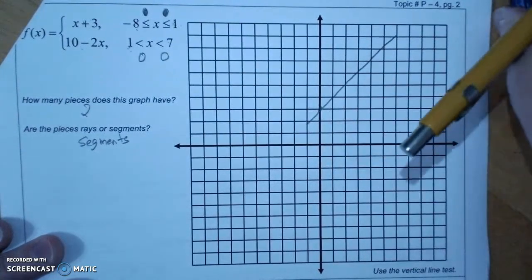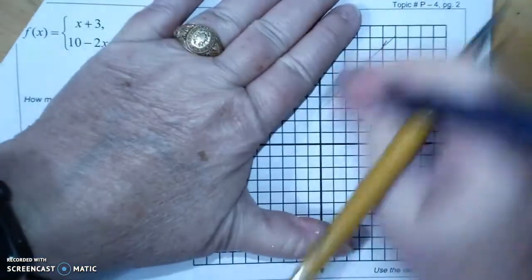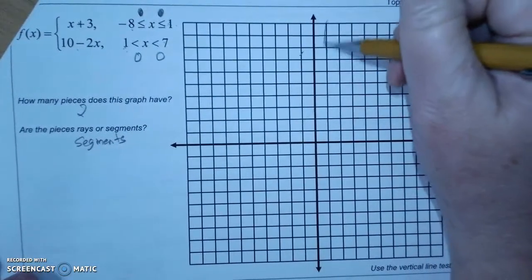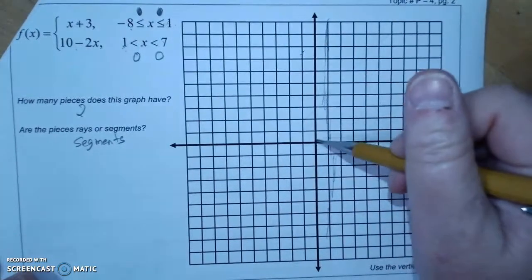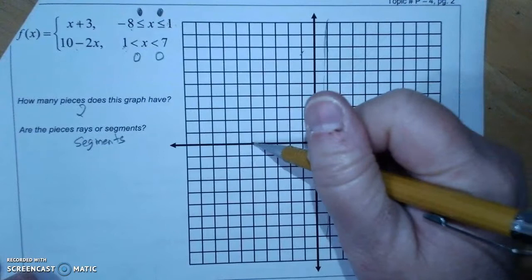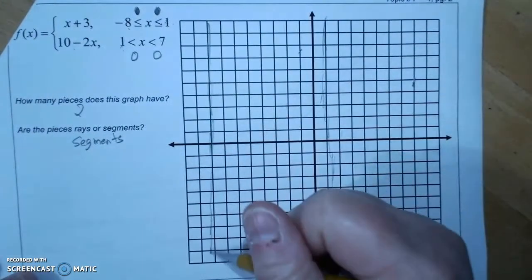Now, the last time I did my domain first, so I'm going to do my domain first. I'm going to lightly color. There's my 1, and there's my -8.